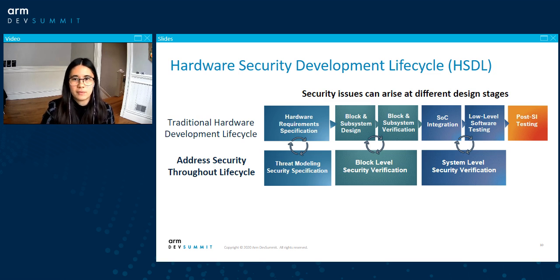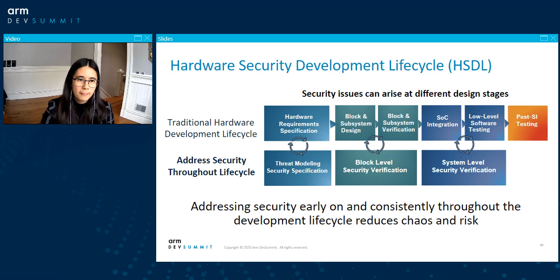And then after you have integrated all of those blocks together and start doing low-level firmware testing, maybe using an emulation platform, you can perform system-level security verification. And so by addressing security early on and consistently throughout the development lifecycle, you're able to manage the problem better and reduce chaos and risk compared to trying to perform all of your analysis in the month before tape out.